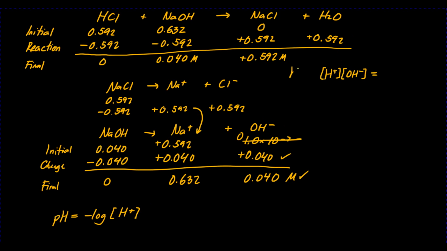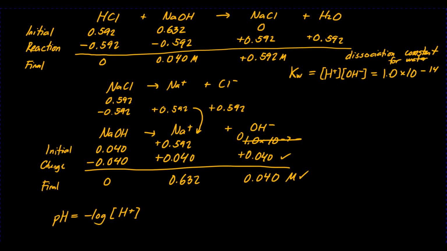This is the dissociation constant for water. You multiply the concentration of the hydrogen ion times the hydroxide ion.